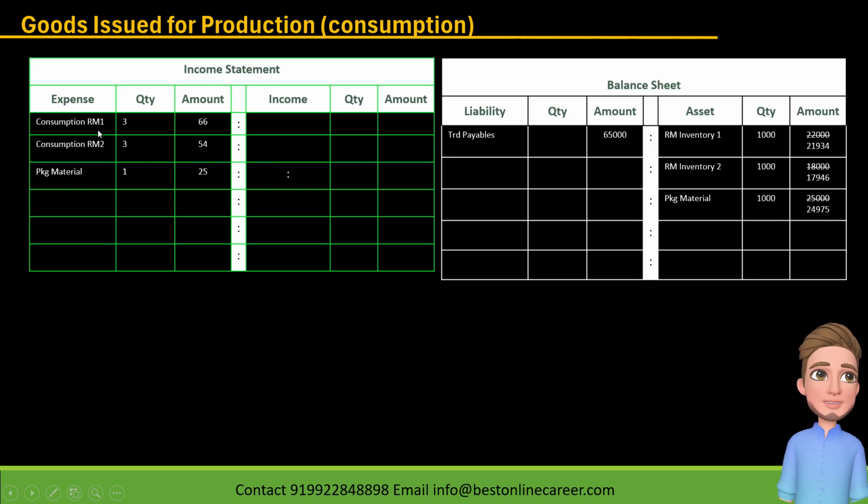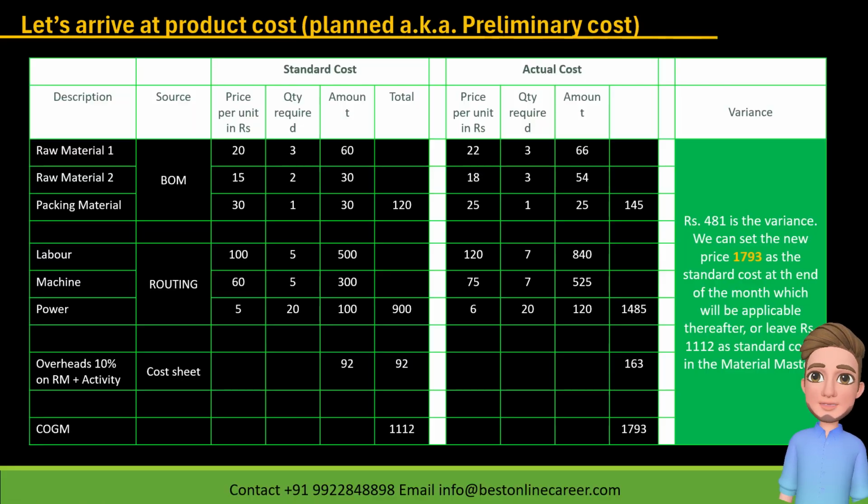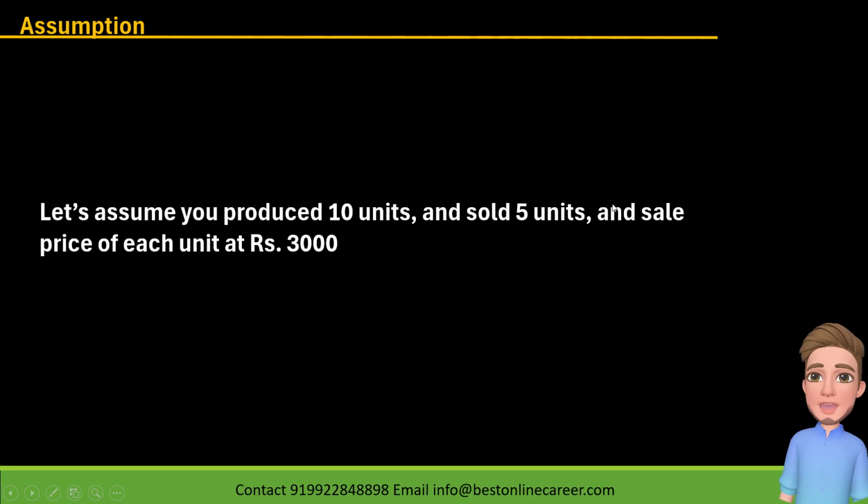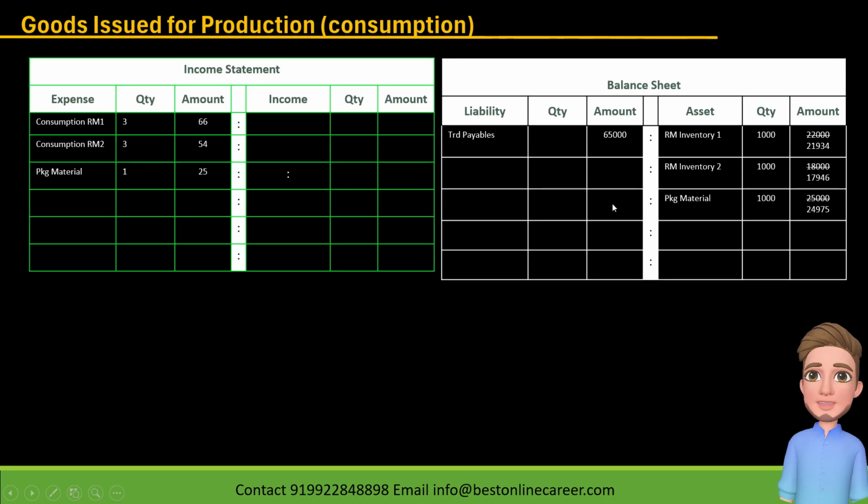My consumption of RM1, RM2 and packing material is 66 plus 54, 120, plus 25 is 145. 145 is what tallies back. So when I produce 1 unit, I tend to consume this much material. Fair enough. Now let's go to the next screen.